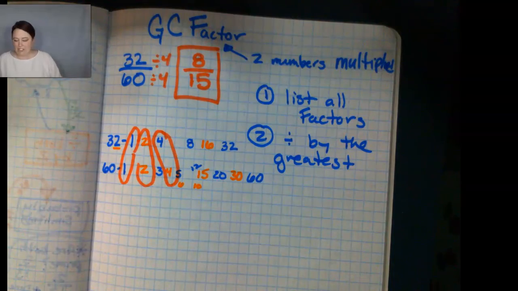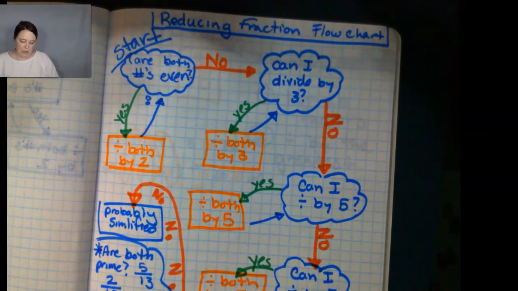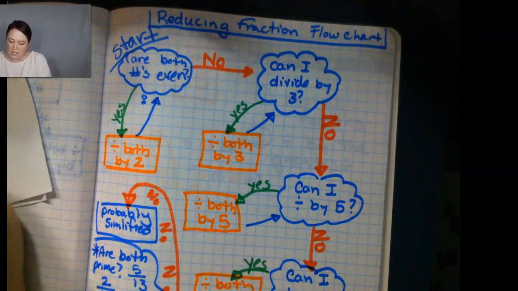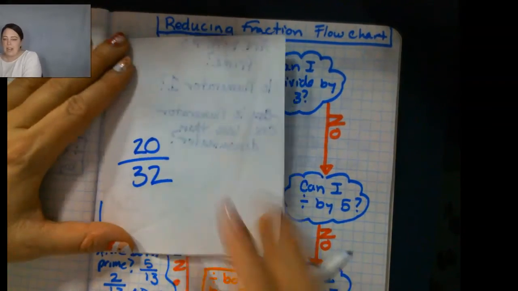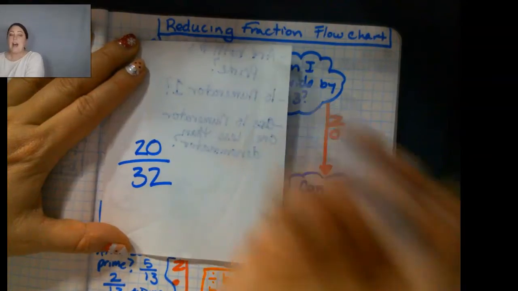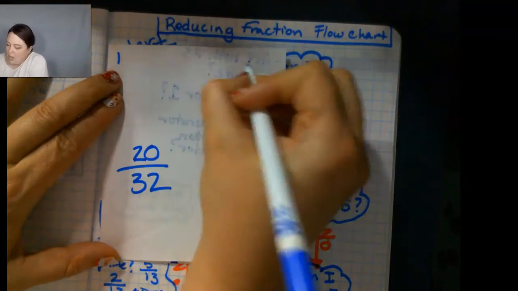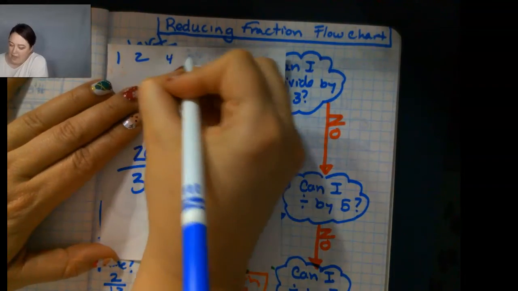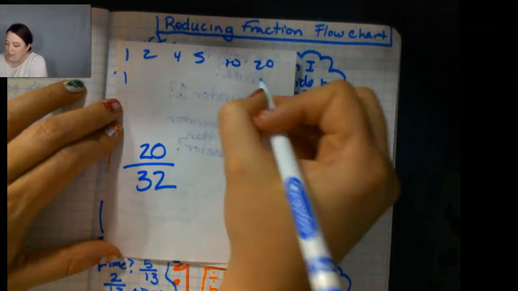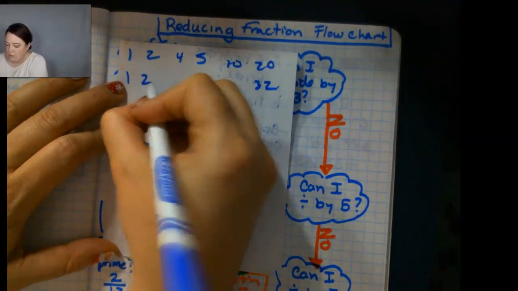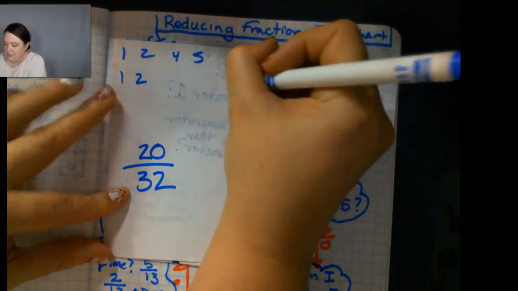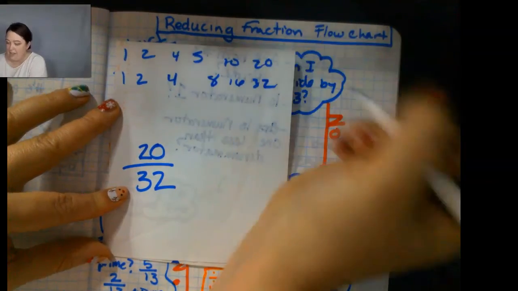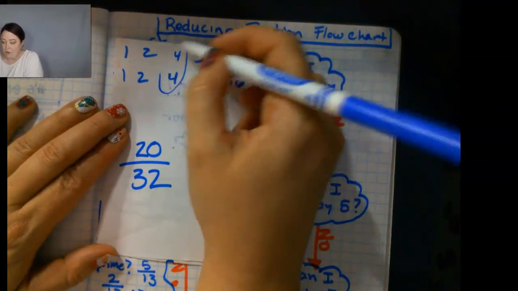So if I had the fraction 20 over 32, and I wanted to reduce this, I could use my greatest common factors. 20 is 1, 20, 2, 10, 3, no, 4, 5. Okay, 32 is 1, 32, 2, 16, 3, no, 4, 8, 5, 6, 7. Okay, so again, it's going to be 4.